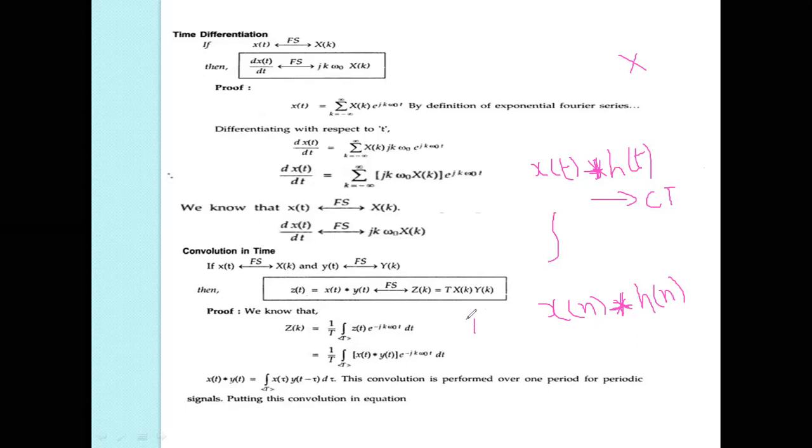For discrete-time functions, the summation is from minus infinity to infinity over n, or for continuous time it is an integral with t. This is the equation you have to know before going to the proof of the convolution in time, the sixth property.